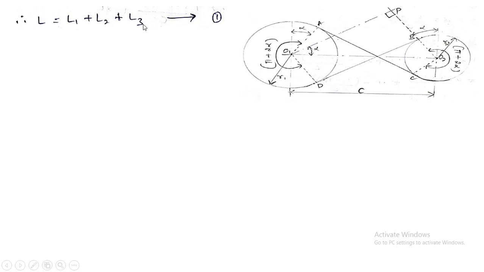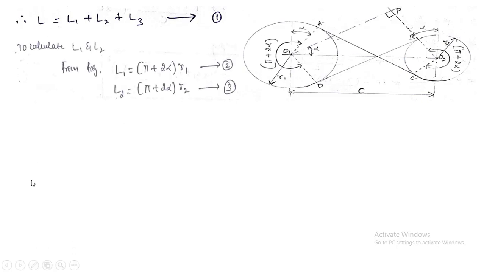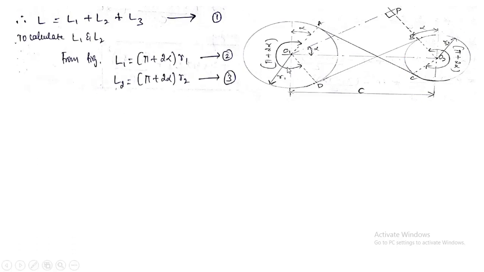And we can write the expressions for L1 and L2 very easily. We will make use of the diagram of this cross belt drive. To calculate L1, the length of the belt in contact with the larger pulley: this is A to D, or D to A, the length of the belt which is in contact with the larger pulley.